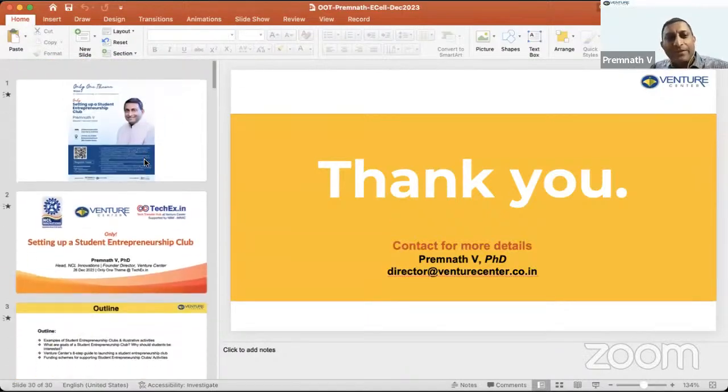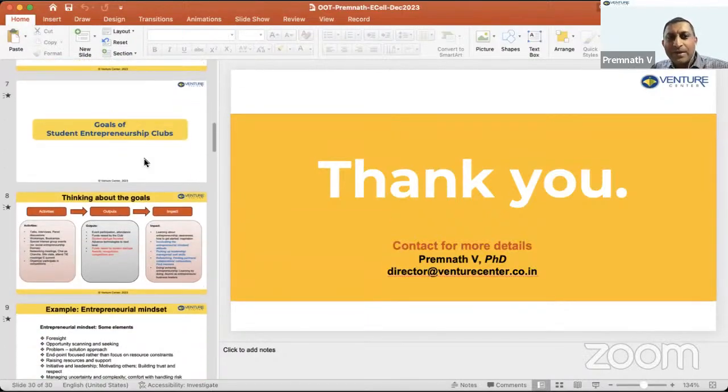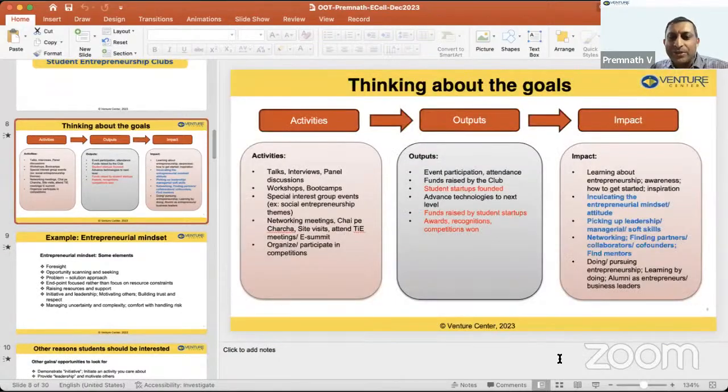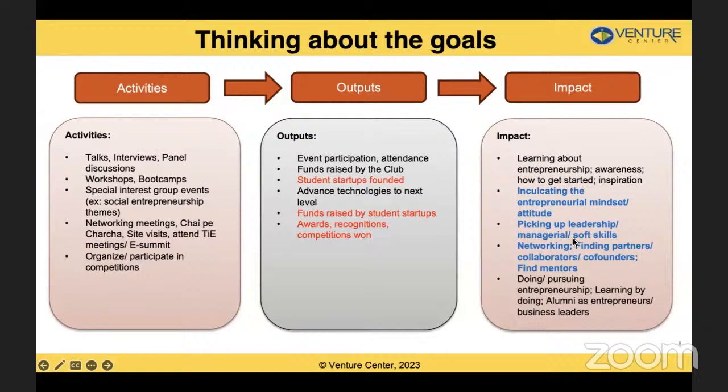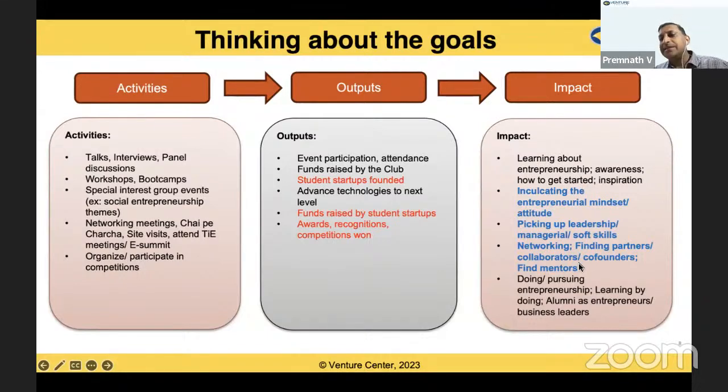So in fact, when I was talking about this, I told you, what do you want to achieve, right? As a person running an entrepreneurship club, I had marked these three things. So, see, different people have a different appetite for entrepreneurship, and some of them will do it at a much later stage in their careers.